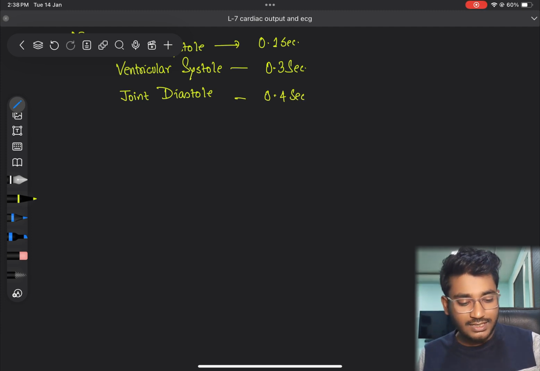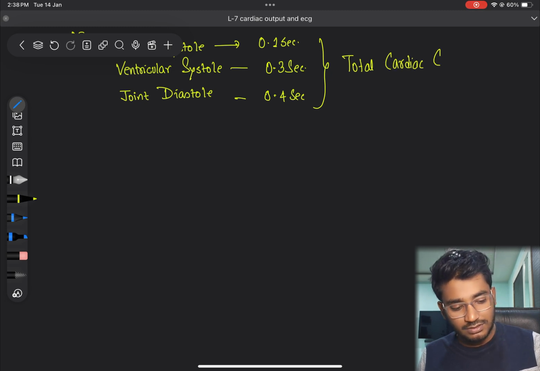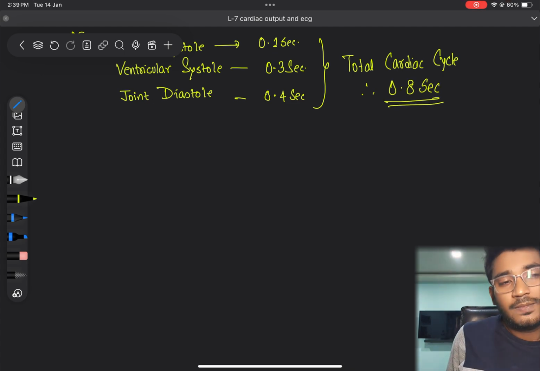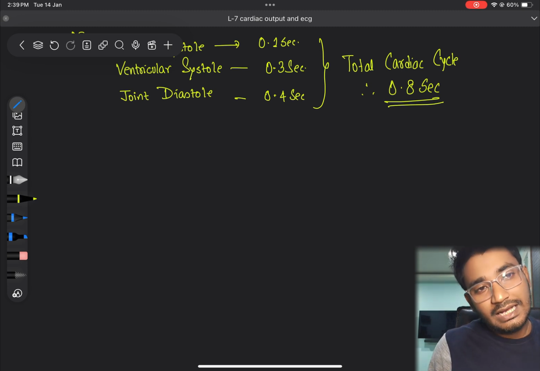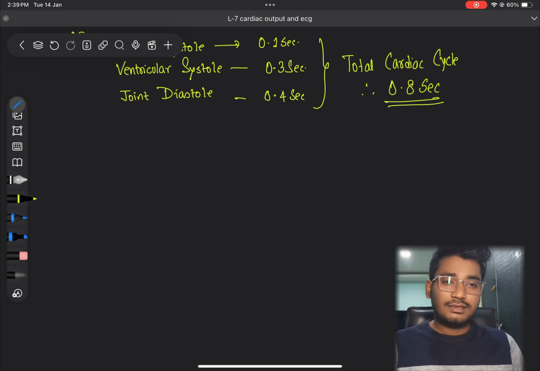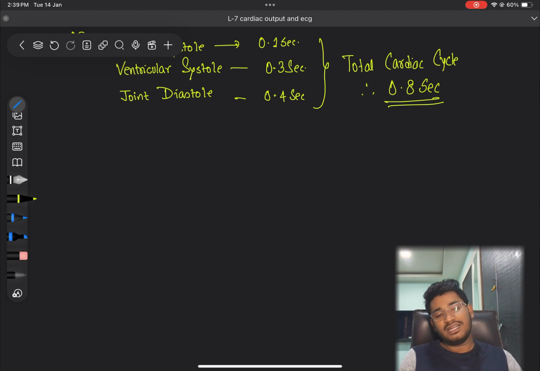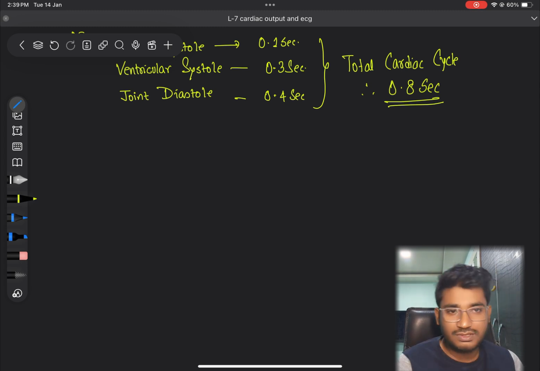So the total cardiac cycle is therefore 0.8 second. This question comes in the NEET. What is the total time duration of the cardiac cycle? The total time duration of the cardiac cycle is 0.8 second, out of which the atrial systole is 0.1 second, the ventricular systole is 0.3 second, and the joint diastole is 0.4 second.